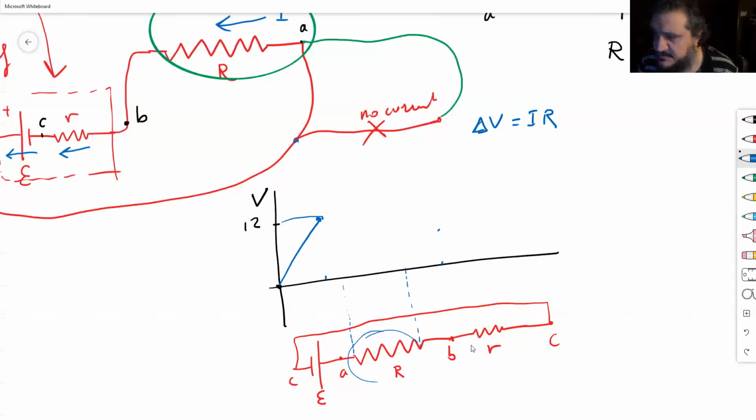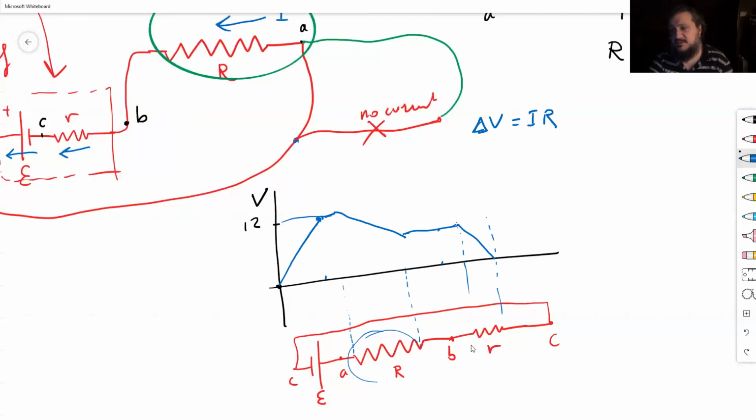Or I could just go on a straight line here. Straight line until I hit R, okay? But it's going to be a potential drop from A to B, like this. Okay, so the resistance of the wire is negligible, so it's a straight line. And then when it goes over the other R, the little r, it drops again.